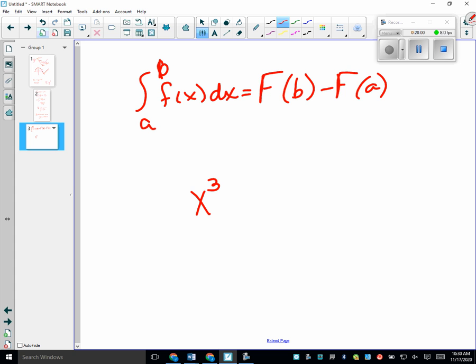The shortcut is I add 1 to my exponent and put the new exponent also on the bottom. So the antiderivative would be x to the 4th over 4. What's the derivative of this? Yeah, it gives back x cubed. That's cool. As we get into bigger numbers, that gets more difficult.